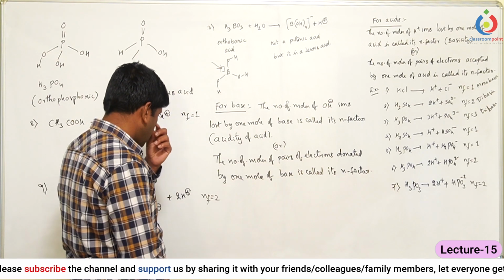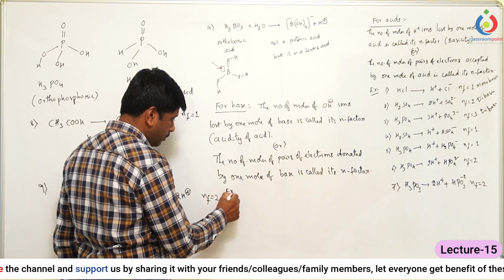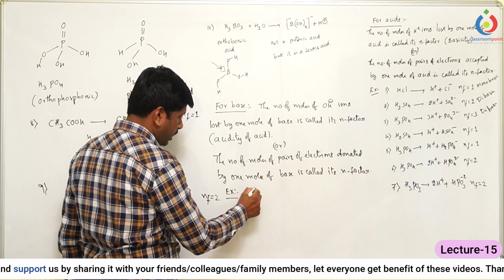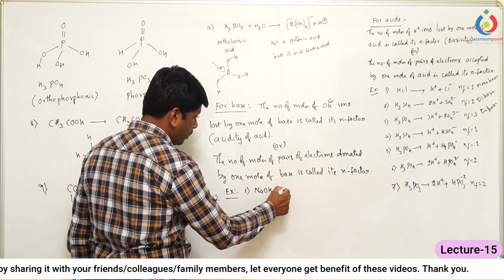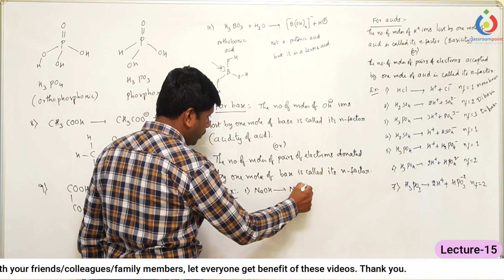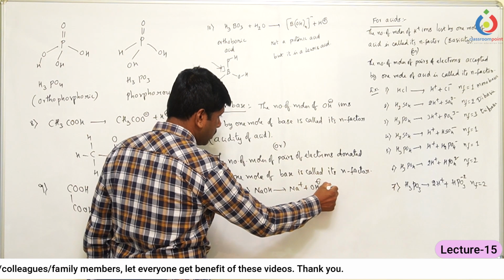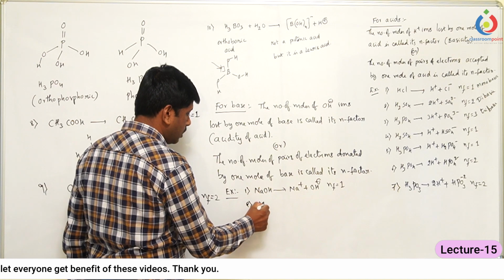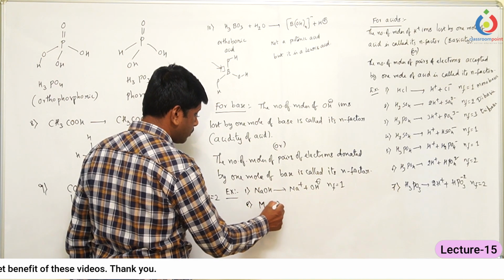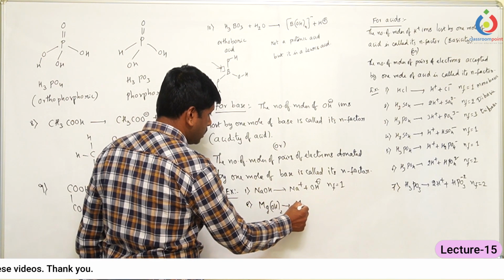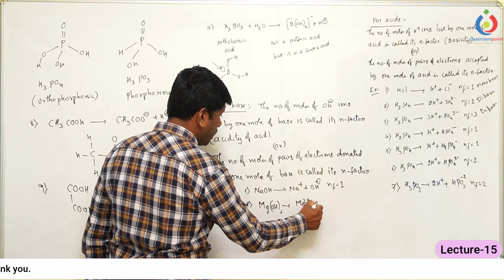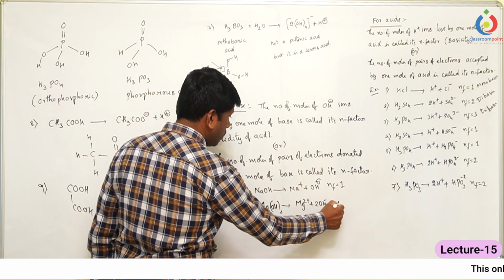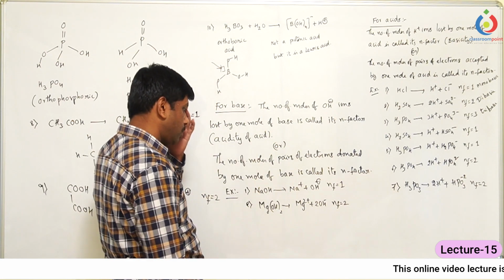So let us see some calculations, some examples here. If you take NaOH, it dissociates to produce 1 OH minus ion, so its N factor is equal to 1. And consider magnesium hydroxide. It is Mg2 plus and 2 OH minus ions, so N factor is equal to 2.